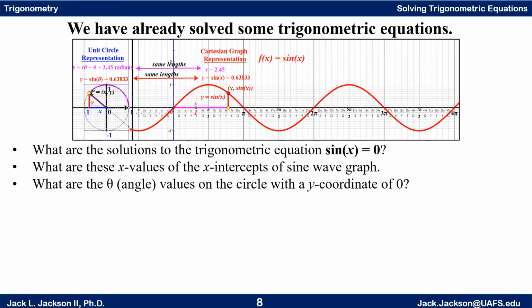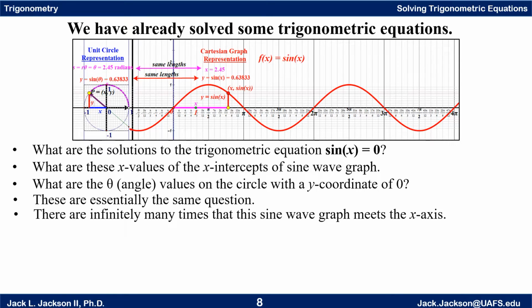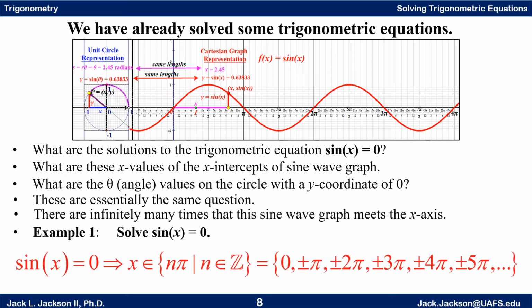So either way, those three questions are really essentially the same question. And so that leads us to see that there are infinitely many times that the sine wave graph meets the x-axis. And so now we can solve that. And of course, we know the answer is this: the sine of x equals 0 exactly when x is an element of n times pi such that n is an element of the integers.